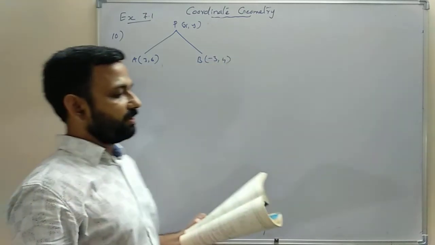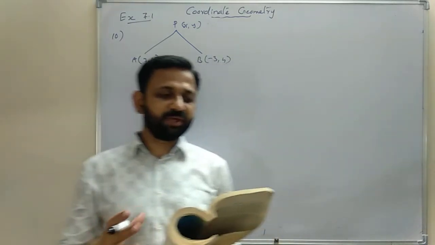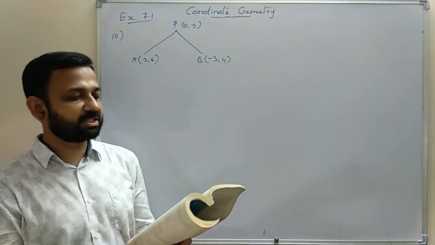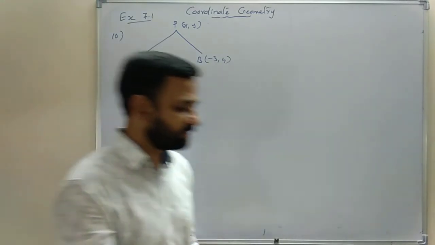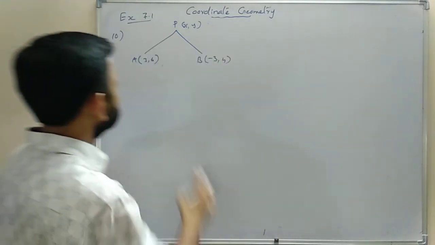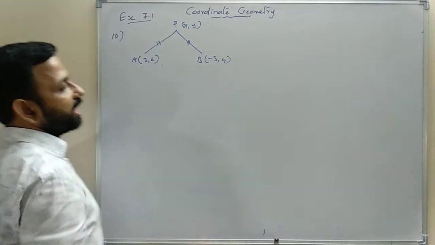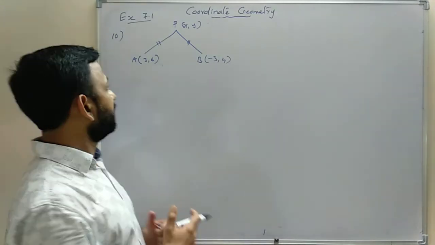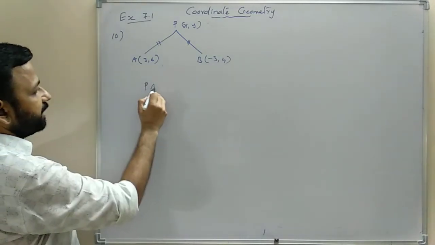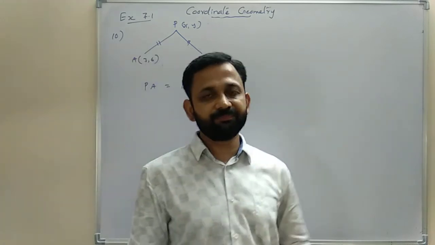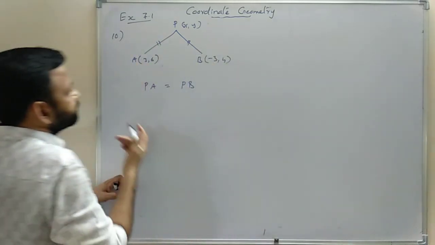So find a relation between x and y such that xy is equidistant from the points 3, 6 and minus 3, 4. That means PA and PB are equal. P is equidistant from A and B, so we can write PA equal to PB. Then we need to find the relation between x and y.